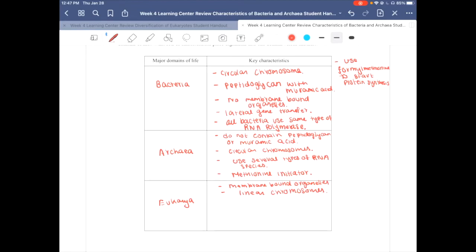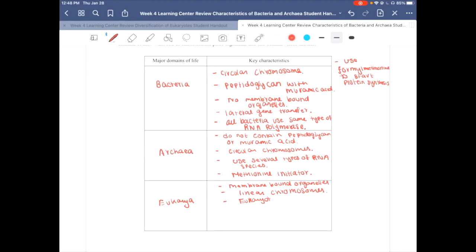Do eukaryotic cells have a cell wall? Yeah, so we have eukaryotes. Comment says yes, out of cellulose, I think. Yeah, that's a great answer.